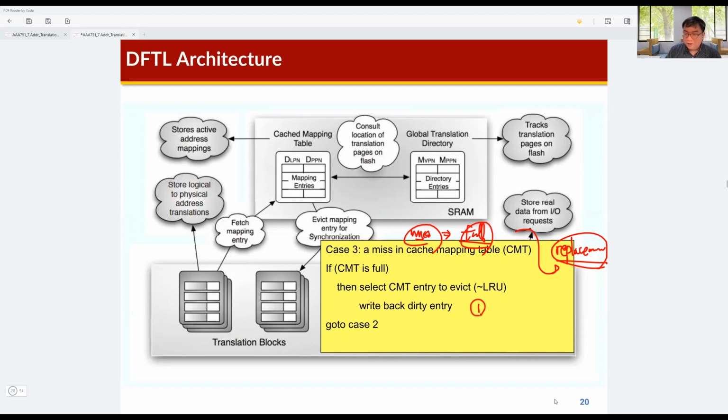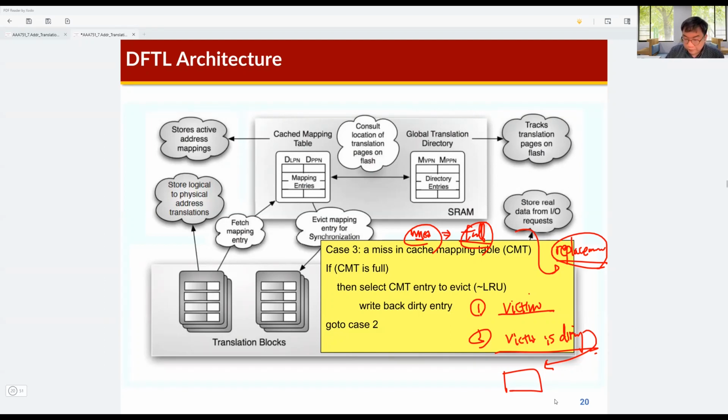So first, we need to select a victim. That means that a certain entry should be evicted from the cache. Okay, we need to select a victim. And then another problem is that if the victim is dirty, this information should be updated to lower level memory. That is how cache works.